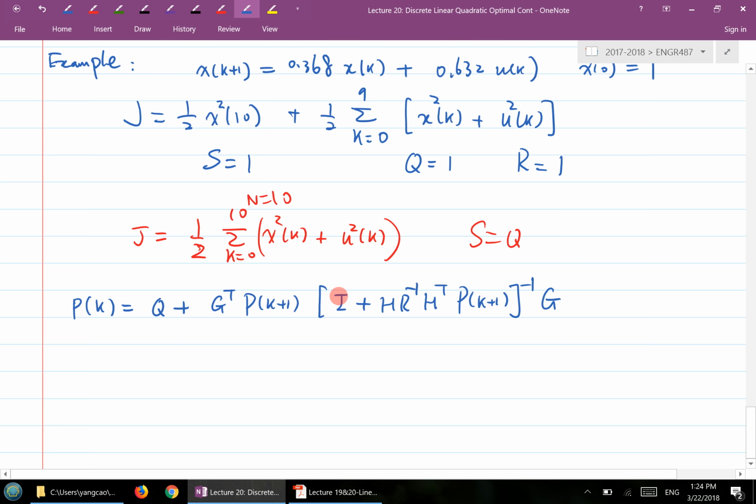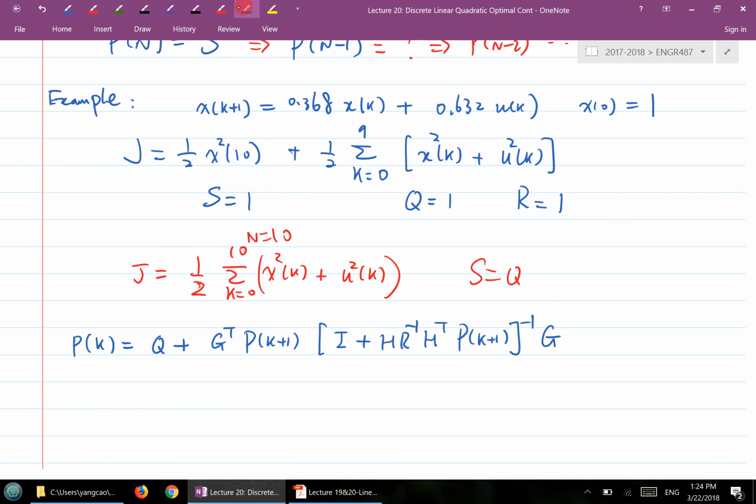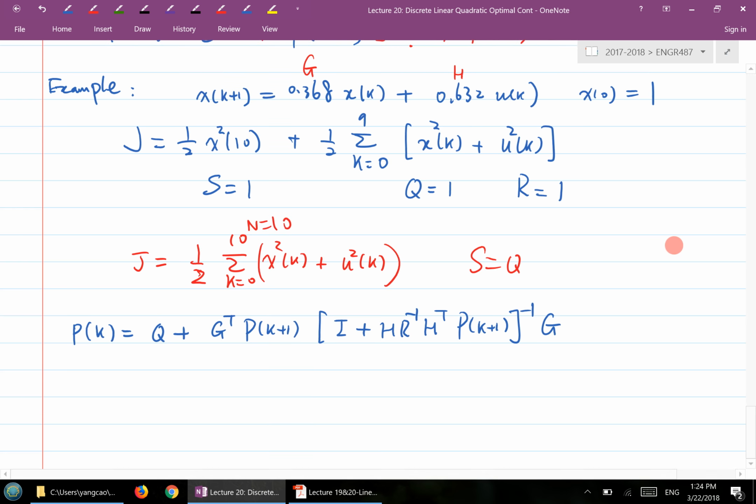Now I'm going to substitute my system information into this equation. Go back to the state equation: x equal to G times x plus H times u. Here's your G, here's H. And Q is 1.